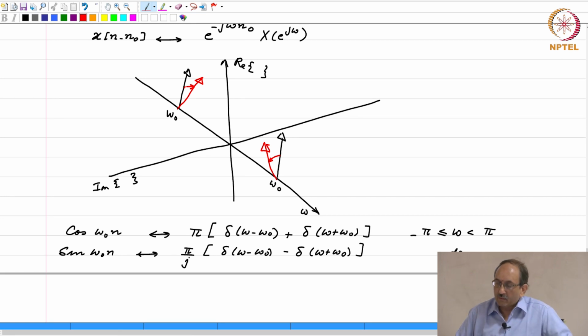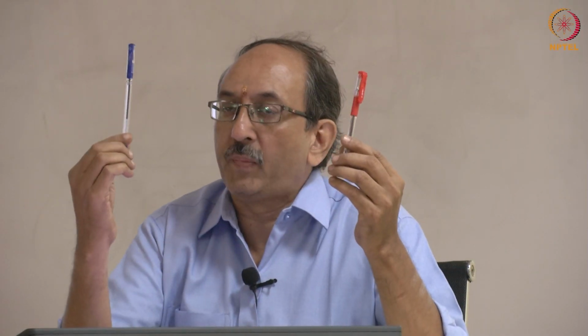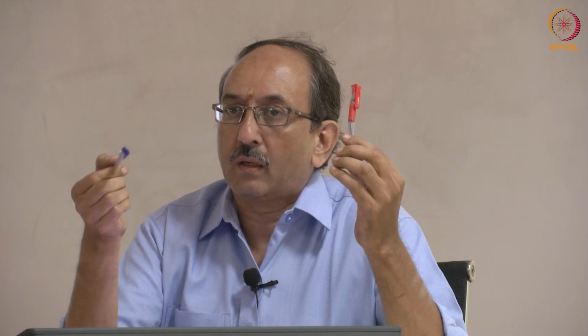And now I keep shifting, all right. I shift it enough so that cosine has now become sine. So now this impulse will be like this, this impulse will be like this, all right. So the two impulses that were like this, they are now completely real. 90-degree shift, this will become like this, will become like this.